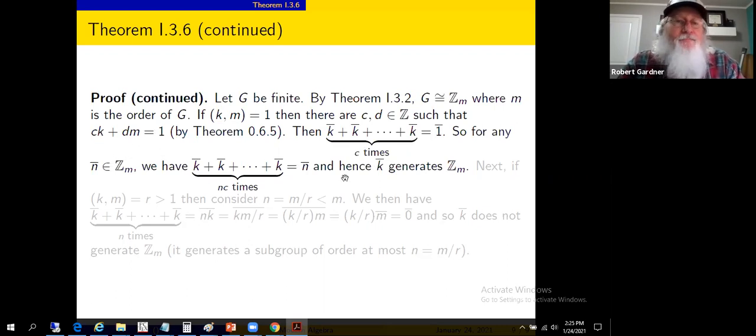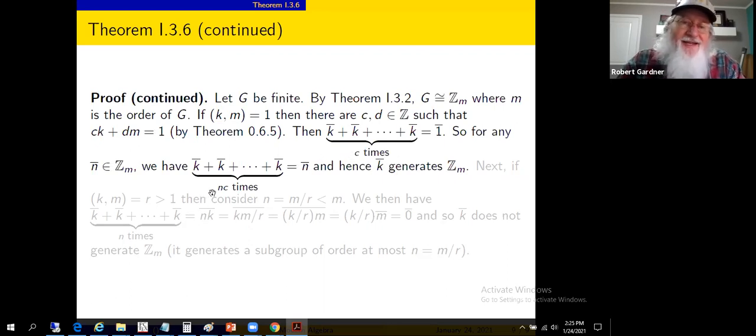So if we take any element of the integers mod m, then we'll take n copies of C copies of K, and I'm kind of trying to multiply both sides of this by n. On the right-hand side, I want 1 bar plus 1 bar plus 1 bar n times. On the left side, I want this stuff n times.